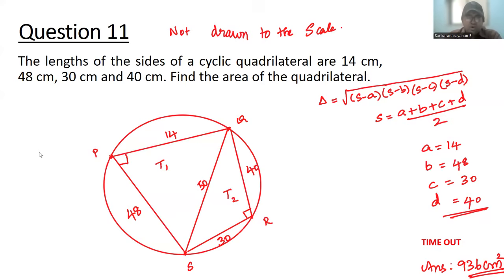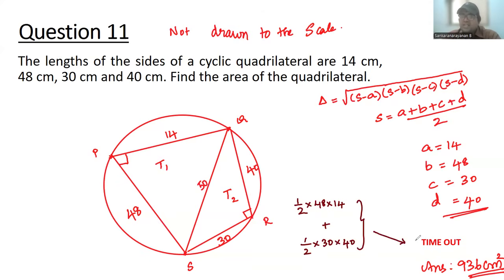So this can also be done in this fashion. That is 1 by 2, 48 into 40 plus 1 by 2, 30 into 40. When you add them together, that is half base into height, right?